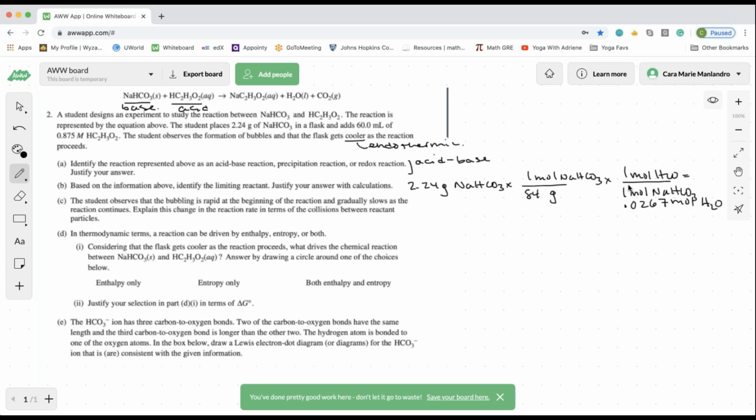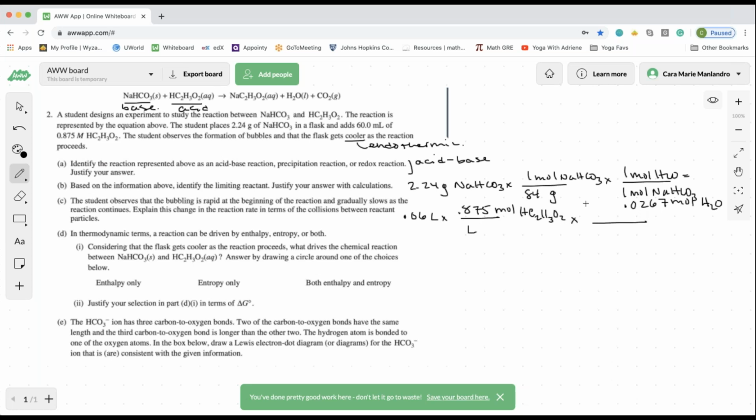All right, now I have to check the other reagent as well. So I'm going to start with, you always start with what you're given. So I'm going to go ahead and convert that to liters, so that is 0.06 liters. All right, and then the molarity is 0.875 moles per liter, and this is of my acid.